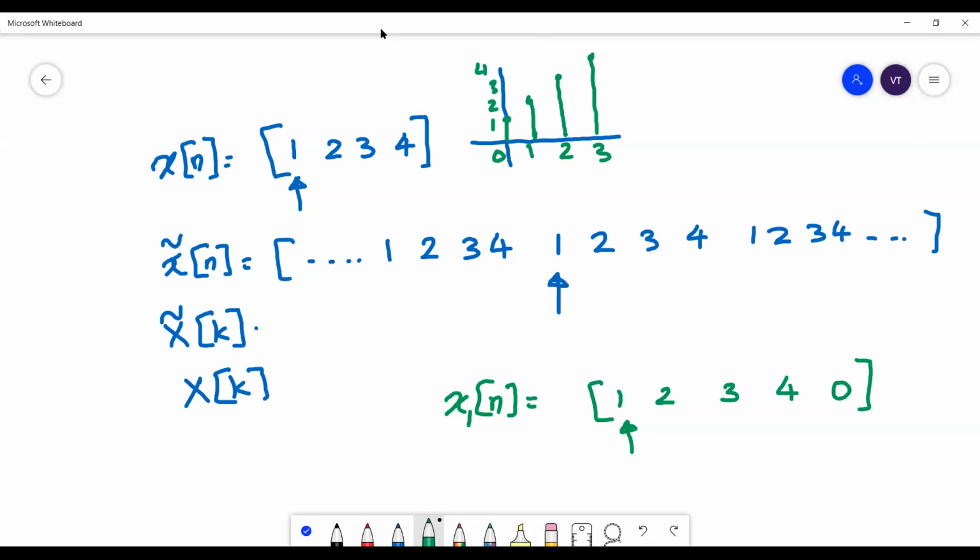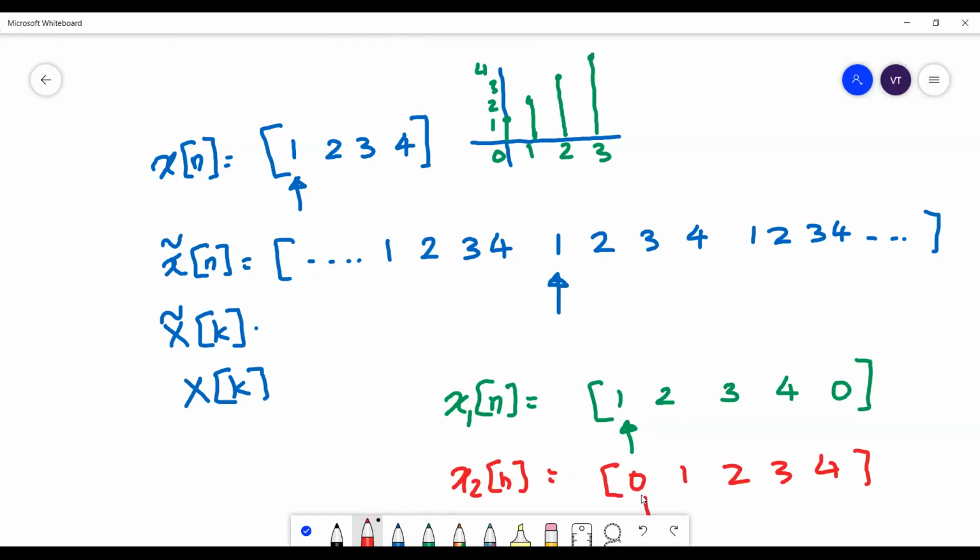If I put a 0 at the end, I can also think of another sequence like this. Let me look at another sequence, x2 of n. I'll put a 0 at the beginning: 0, 1, 2, 3, 4. This is another sequence.